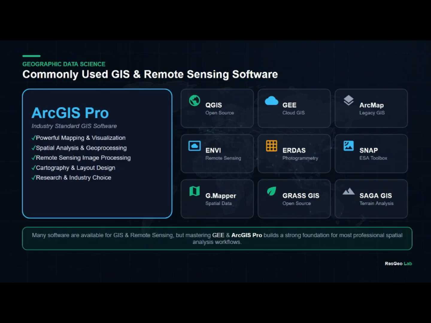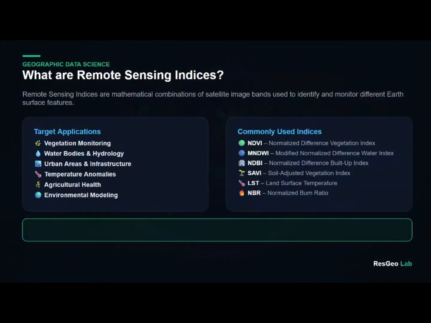Now let's start another important topic, which is our main topic in this webinar. That's called remote sensing index, or remote sensing indices. Remote sensing indices are mathematical formulas created by combining different satellite bands, nothing else.